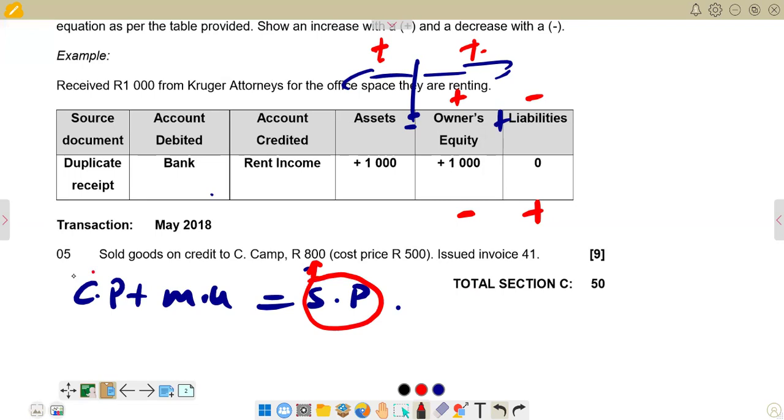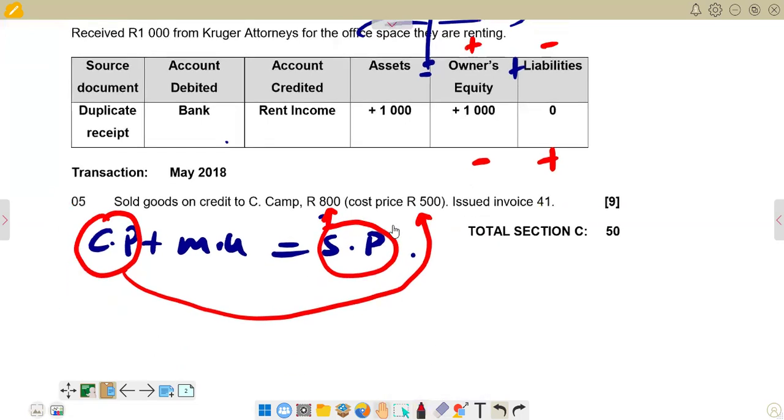The second double entry is for the cost price. When we are taking out the goods that are being sold, they are going out of the business, so we need to remove them from the trading stock account, or the inventory account. The figure we take is the cost price, which is 500 rands.